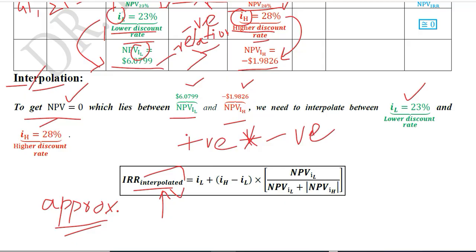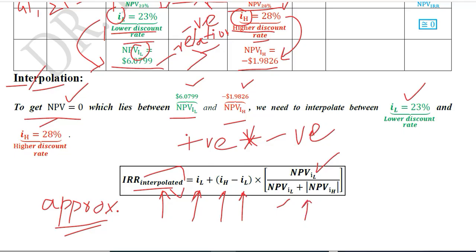So the formula is that we write the lower discount rate and then we add the difference of the higher discount rate and the lower discount rate, and then we multiply this term with the ratio of the NPV at lower discount rate and the sum of the NPV at lower discount rate and the absolute value of NPV at higher discount rate.